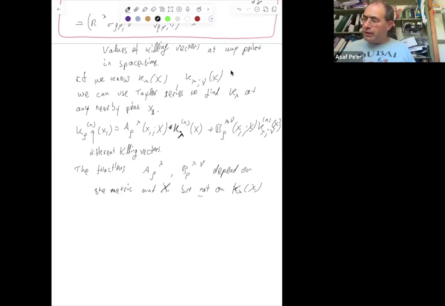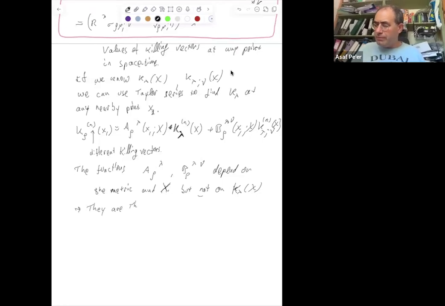So these are the same for all Killing vectors. That's another proof that we can have only n(n+1)/2 independent Killing vectors.